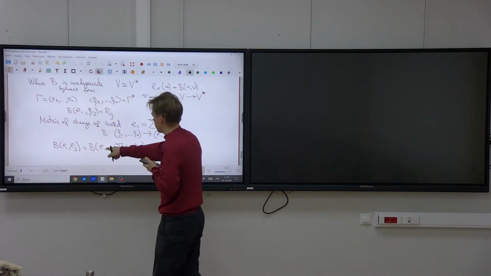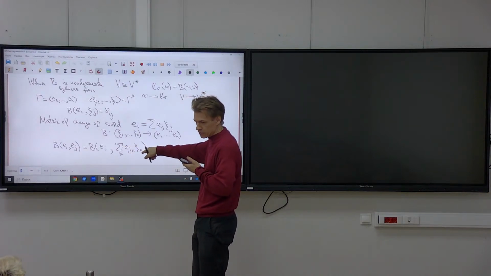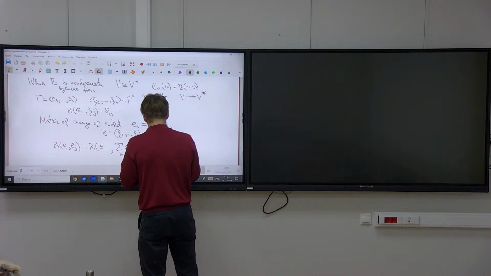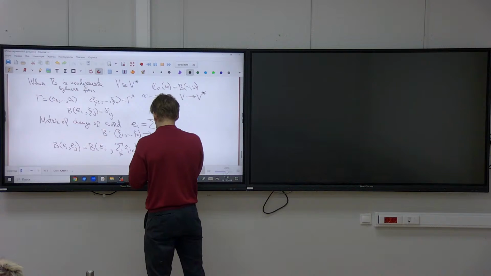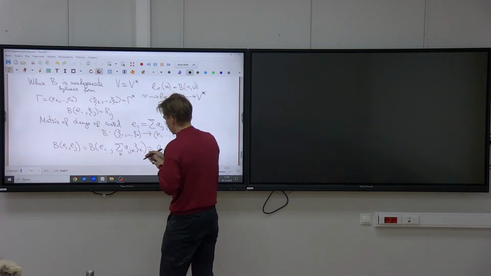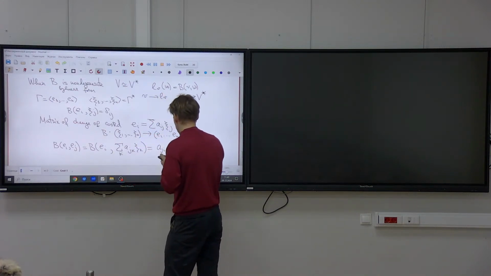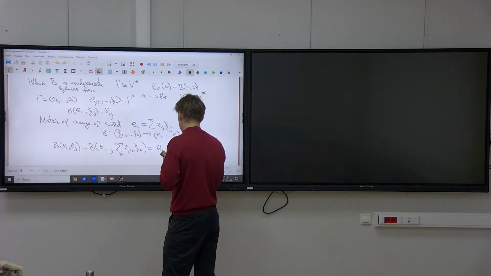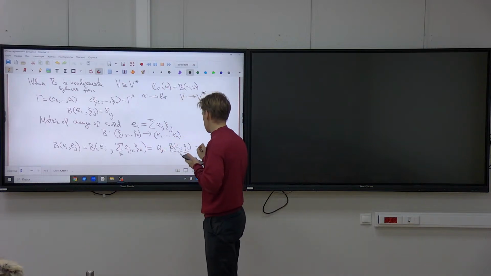Of course now you have to use the Kronecker delta symbol, so B(E_i, psi_i) is equal to 1. Yeah? So this is precisely the matrix A_ji.